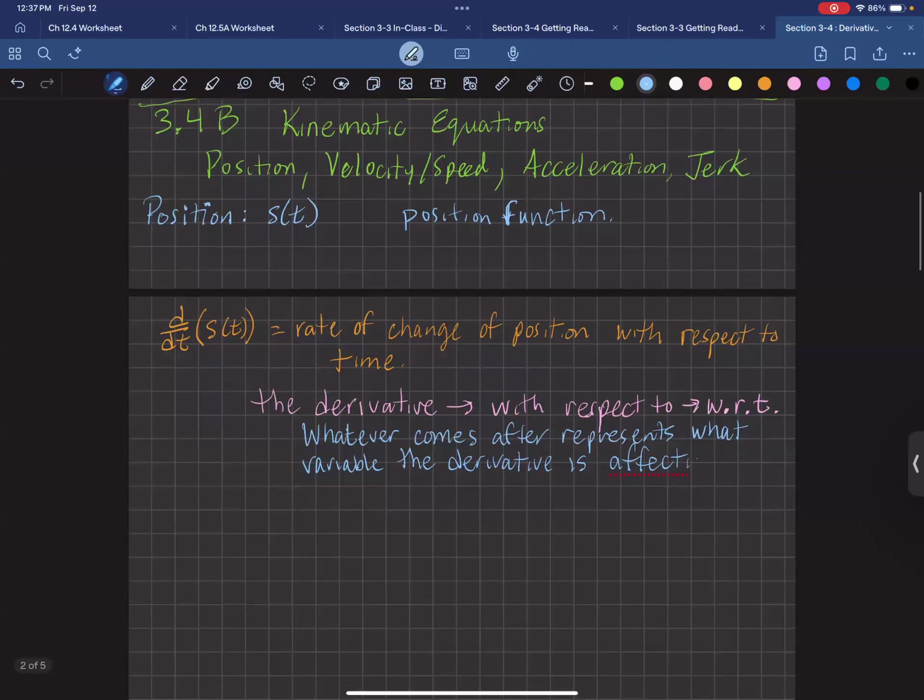Now, in Calc 1 and even Calc 2, this doesn't really change. S of t has only one variable.